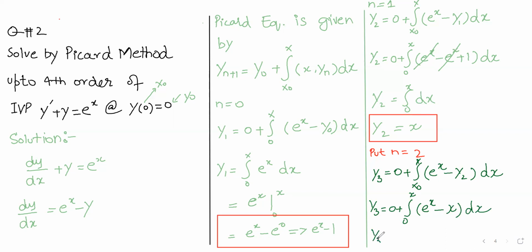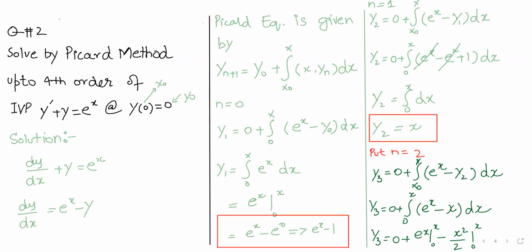So y3 is equal to 0 plus the integral of e^x, minus the integral of x, from 0 to x, minus x squared by 2, from 0 to x.